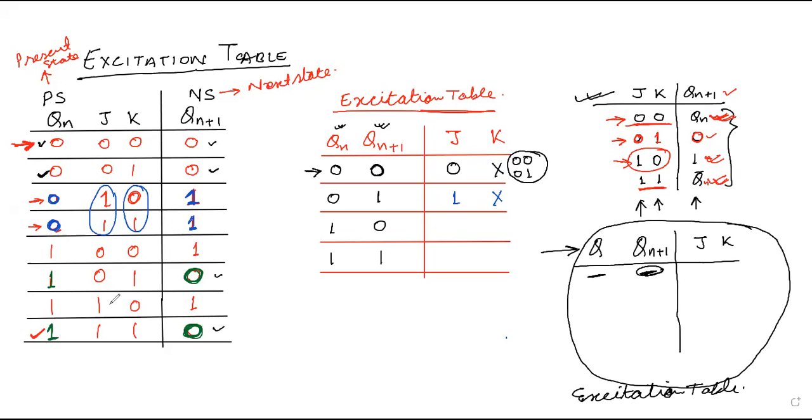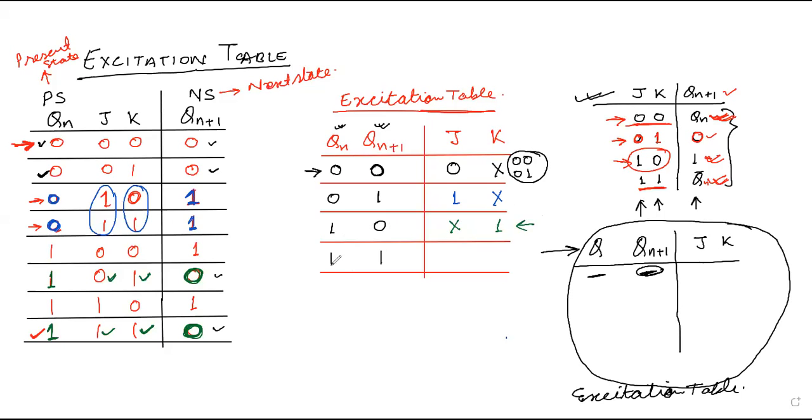So in this case, what you can see is that here we have J value 0, here J value 1, here K value 1, and here also K value 1. Means the K value should be equal to 1, but J we don't care. J can be either 0 or 1; if we give this combination, we get this particular output. Means if the present state is 1, the next state will be 0.